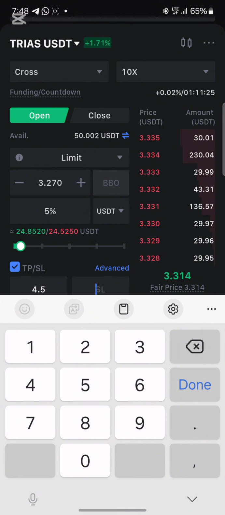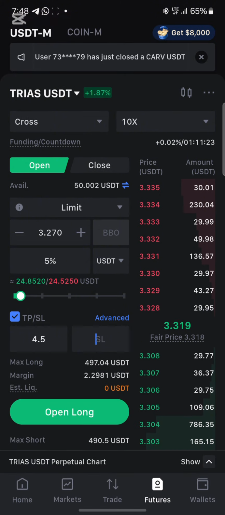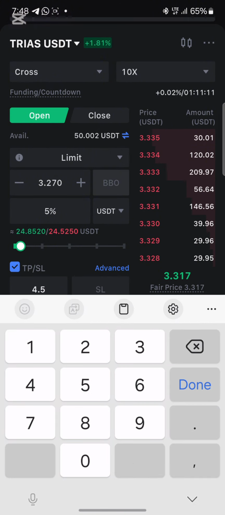Now this SL means stop loss. Stop loss is if, for instance, I'm entering at 3.270 and the market fails to go up and then starts going back. I might decide to say, okay, if it starts going down, please close my position at 3.200, for instance, or let me make it 3.150.